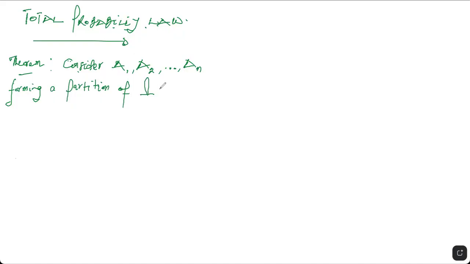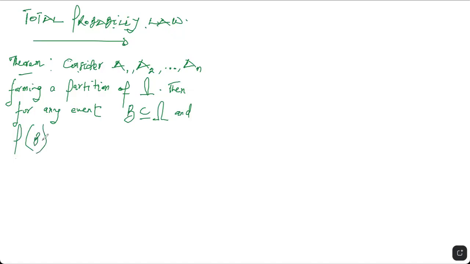All right. Then for any event, and let's call that B, okay, for any event B, which is a subset of the sample space, and the probability of B is not zero, okay, then the following principle holds.